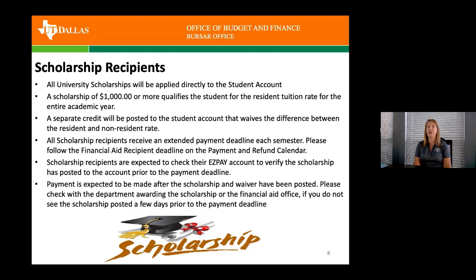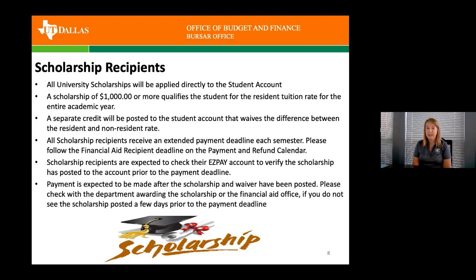So it's important for you to keep an eye on your account and make sure that waiver gets posted on there. All scholarship recipients will receive an extended deadline. So when you're looking at the payment and refund calendar, you're going to want to follow the financial aid recipient. Even if that's the only financial aid you're receiving, you still follow that deadline.